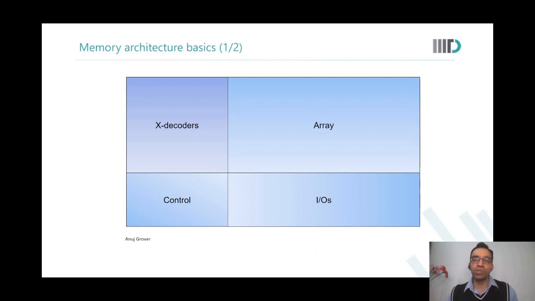But still, this basic tenet that there is a cluster of storage elements which are closely coupled, not only through word line, but also through bit lines, that tenet remains constant. That there is some decoding architecture, that tenet remains constant.